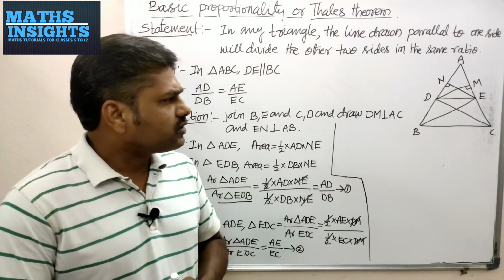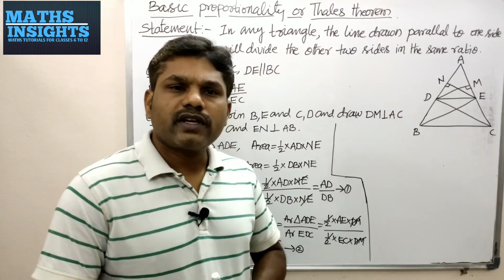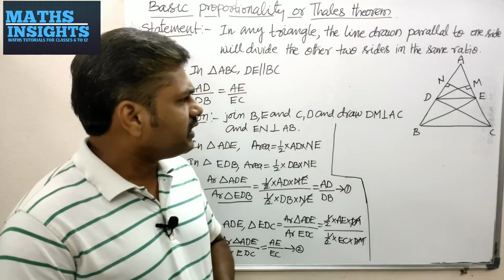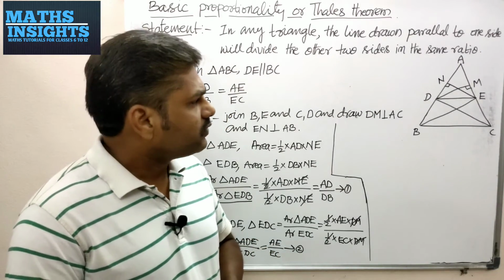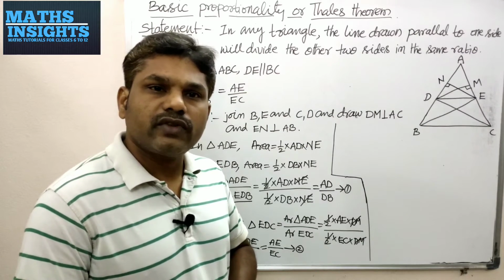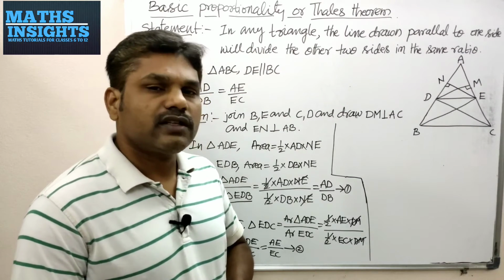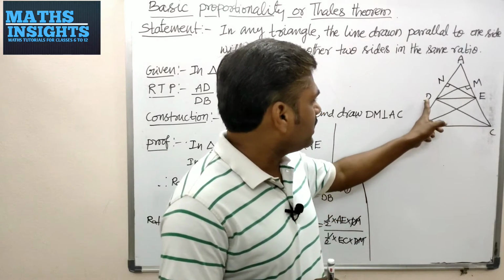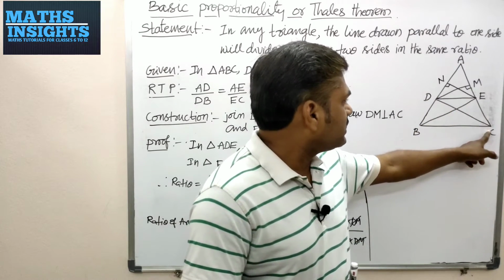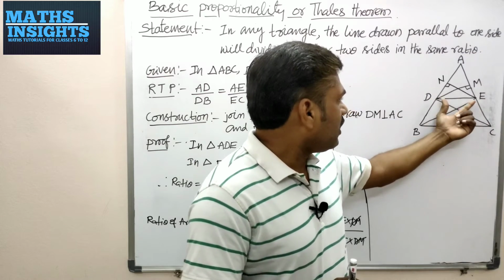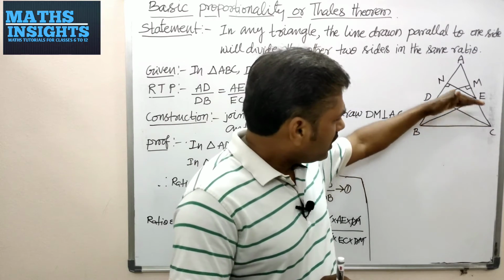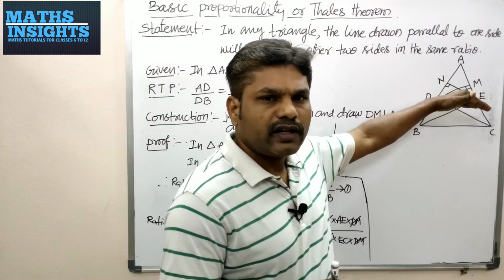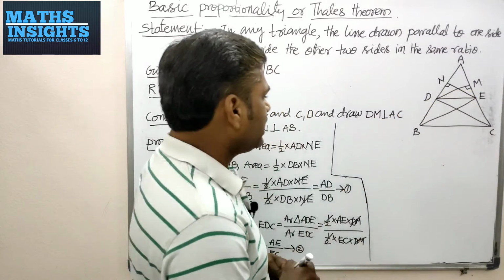Here we have to use the known geometrical statement: areas of two triangles which are on the same base and are between the same parallel lines are equal. If you observe the triangles BDE and CDE, they have the same base DE and they are between the same parallel lines, therefore their areas are equal.